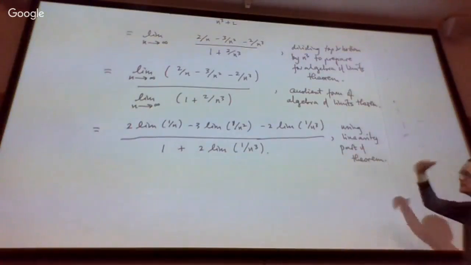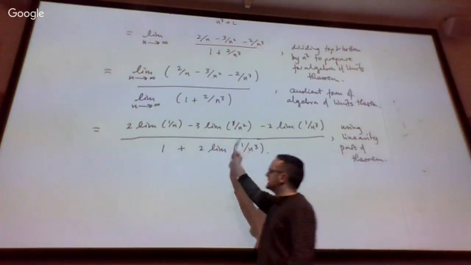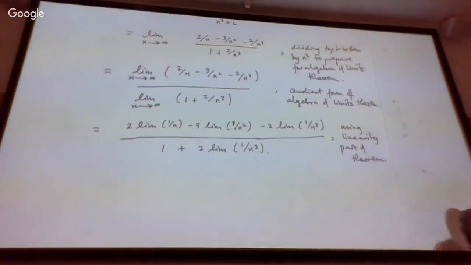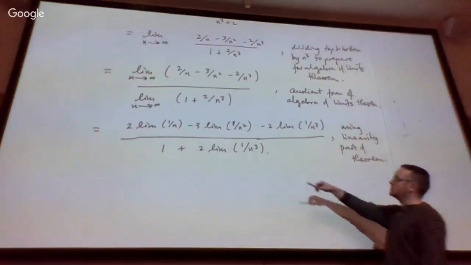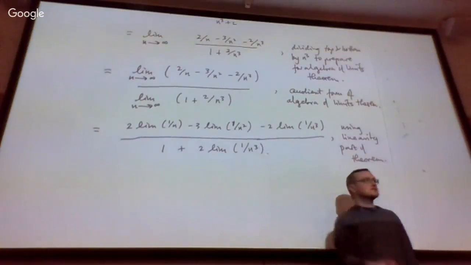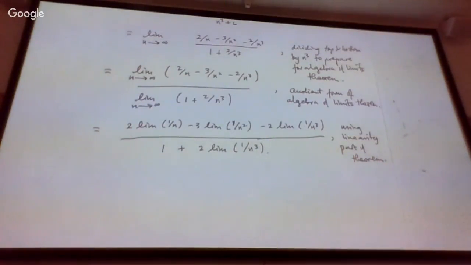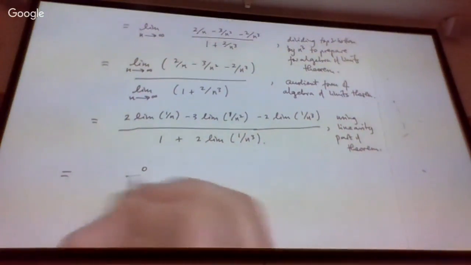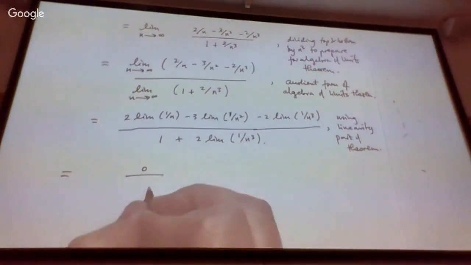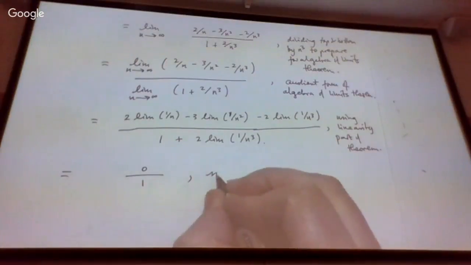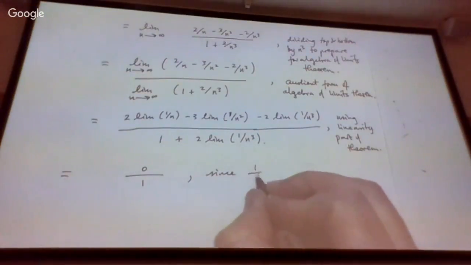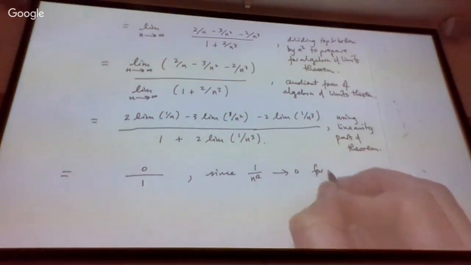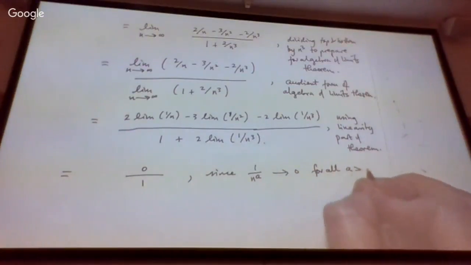And now finally we've got the whole thing expressed as the limits of individual standard sequences. And we can appeal to the known fact of how these sequences behave. Well, this is going to be 0 over 1, since 1 over n to the a converges to 0 for all a bigger than 0.